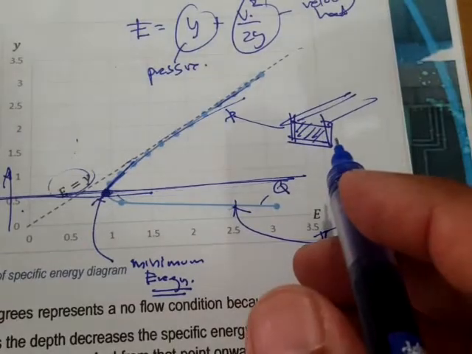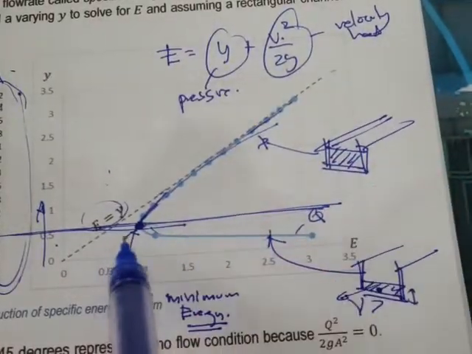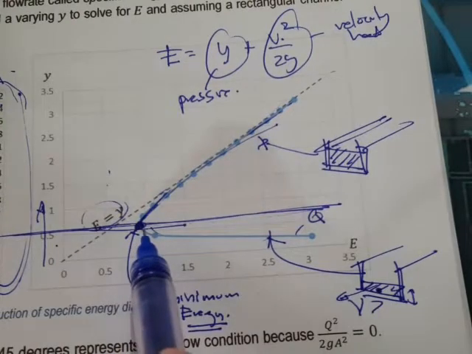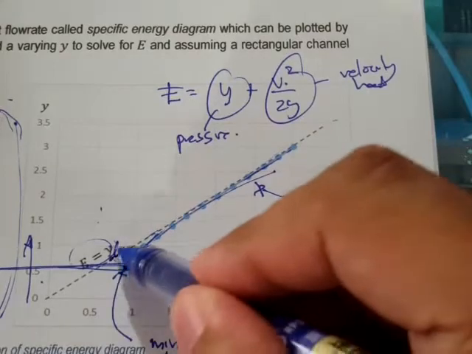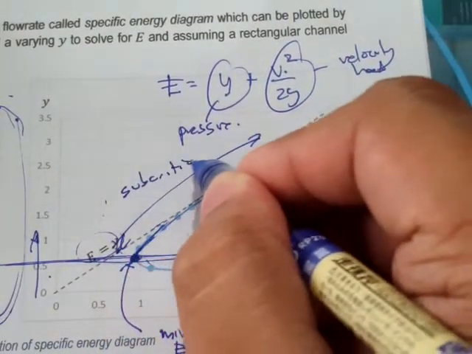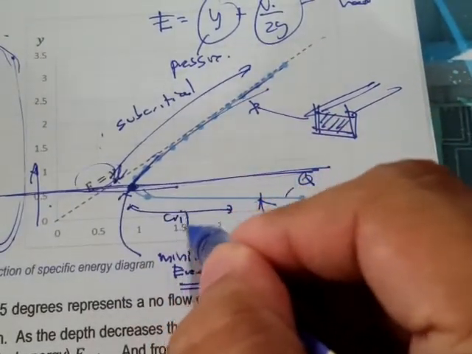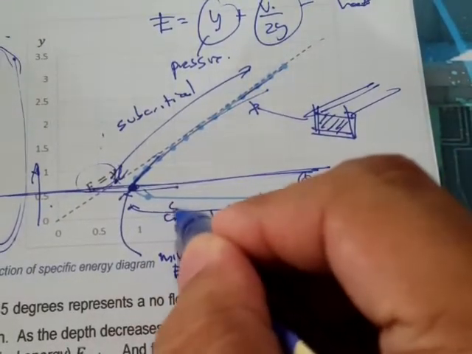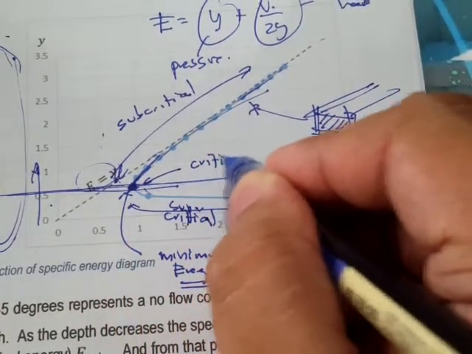And the point right here is what we call the minimum energy or the critical point. And the flow condition from this to that, that's what we call subcritical. And this one is what we call supercritical, and this one is our critical point, or critical flow.